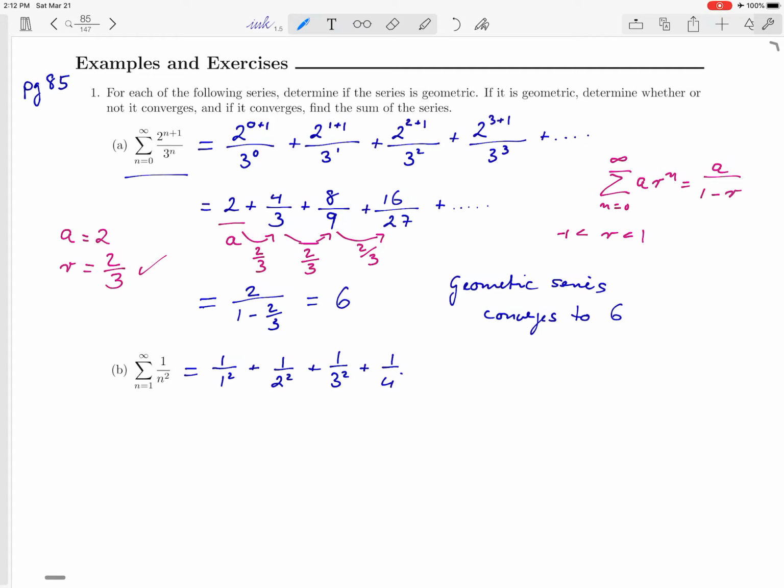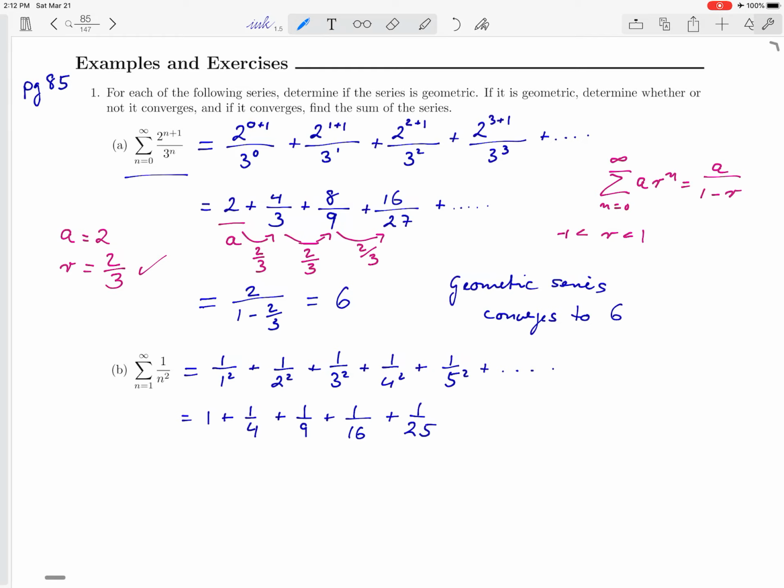When n equals 4, I have 1 over 4 squared, 1 over 5 squared. So I'm adding up all these terms. And so simplifying, we get 1 plus 1/4 plus 1/9 plus 1 over 16 plus 1 over 25.